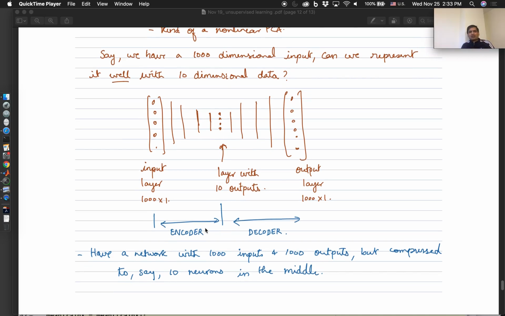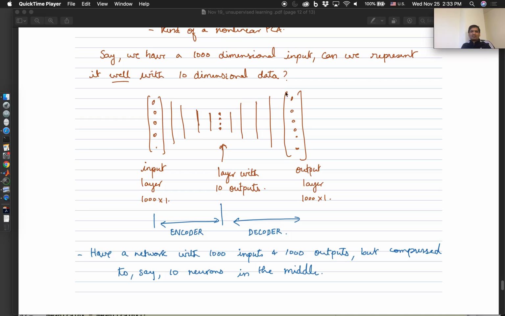The first part of the network is called the encoder, which is basically the compression part, right? So you take the 1,000 numbers and convert that into 10 numbers. And the second part is called the decoder, which is the reconstruction, which is also something that we did in PCA, which is taking the 10 numbers and then reconstructing the original image or whatever it may be, original data set, okay?